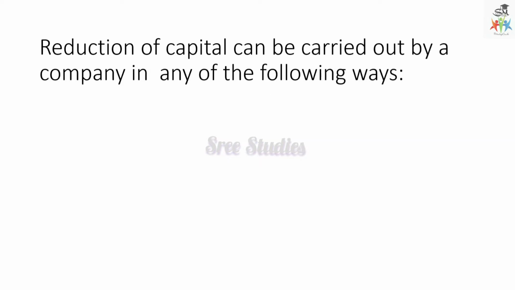Let us see. This reduction of capital can be carried out by a company in any of the following ways. In the last video itself, I have said in three ways.